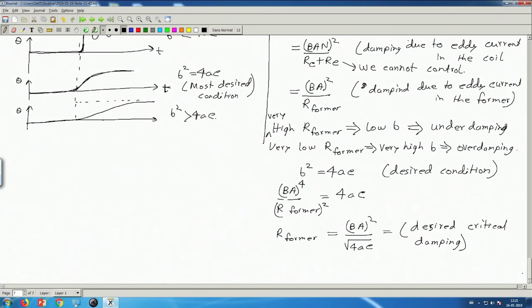So that's about the critical damping condition. In our next video, we will talk about a few more important things regarding the dynamics.